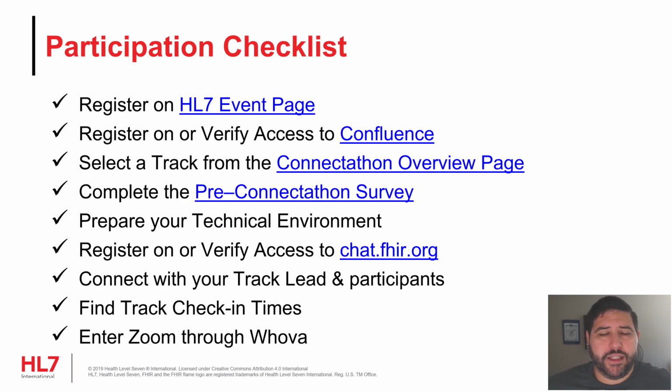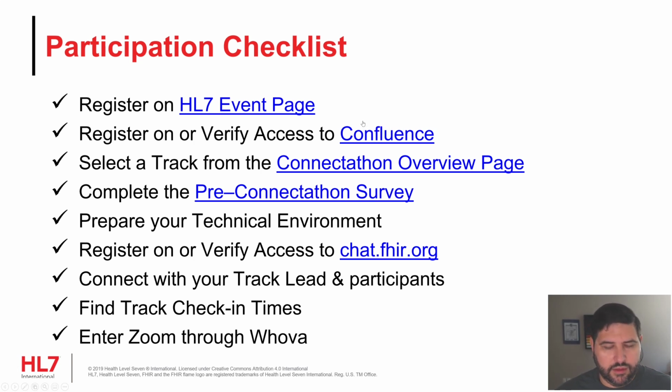Here's a quick participant checklist. If you're looking at participating, especially if this is your first Connectathon, there are some things here that you'll want to make sure you do prior to the event starting. First is obviously registering. So there's a link directly to the event page, and that should ease that process. You'll also want to register, or just check to make sure it's still working, your access to Confluence.